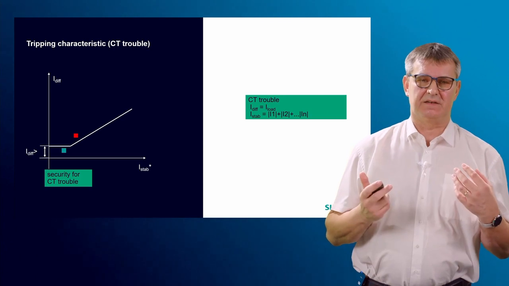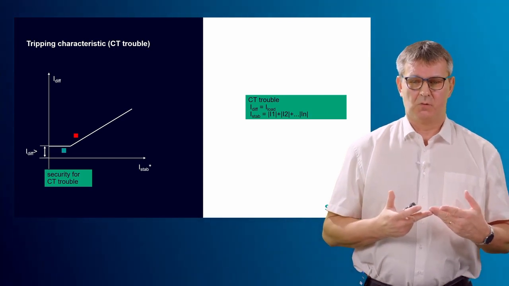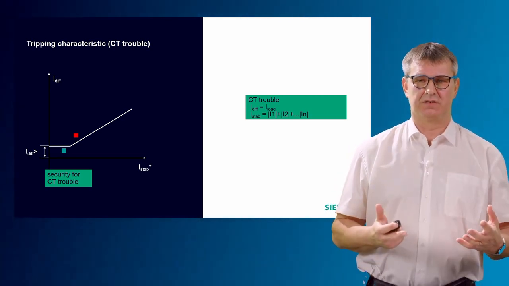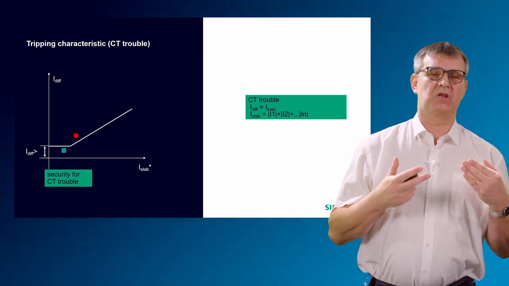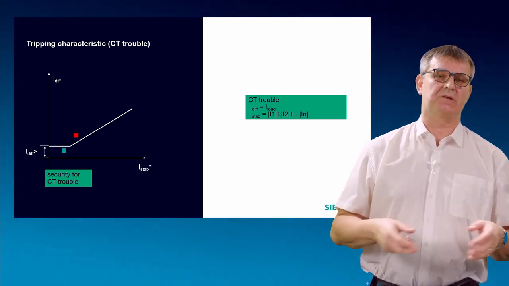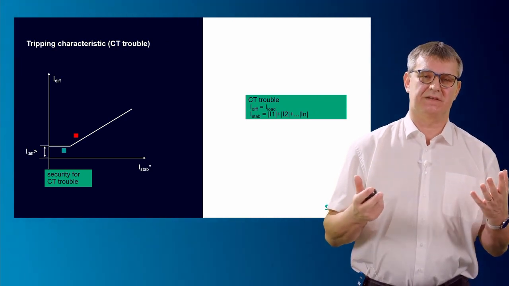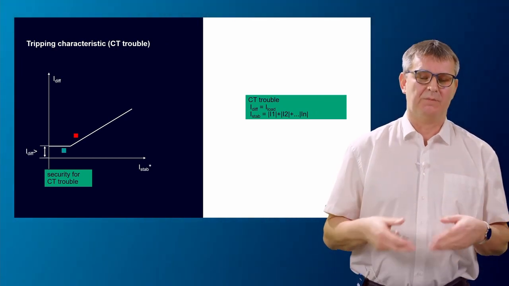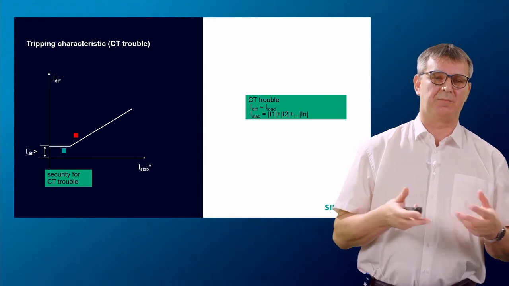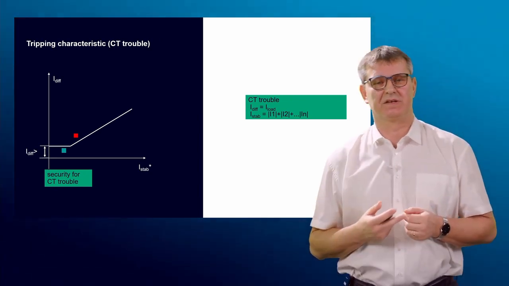But if then, in parallel, we have an external fault, we would trip nevertheless. Because then, of course, this CT which has been lost would bring more current which is missing, and we would pass the characteristic and we would be in the tripping area.